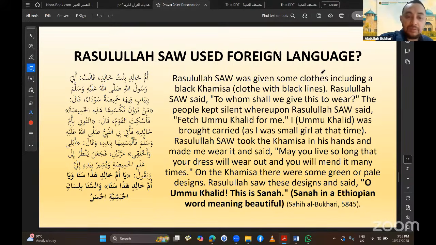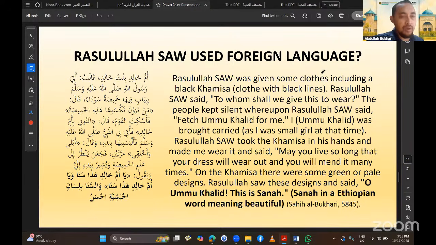One time, Rasulullah was given some clothes, some very small, beautiful clothes. And then Rasulullah called Khalid and gave the cloth to Khalid, and said to Khalid, consoling this young girl, this is sana, which in the Ethiopian or Habesha language means beautiful.